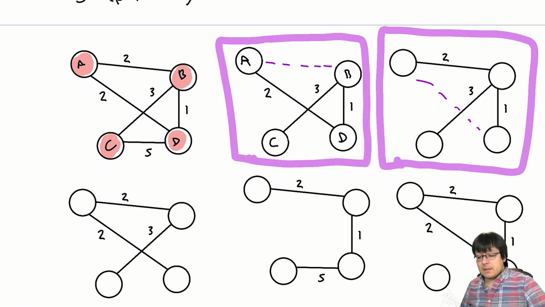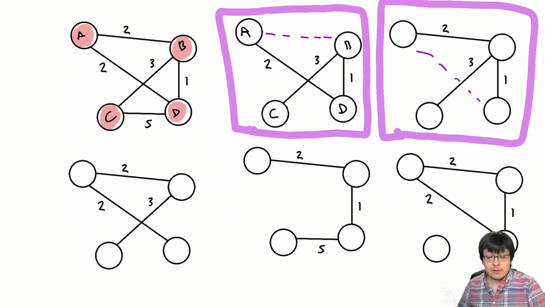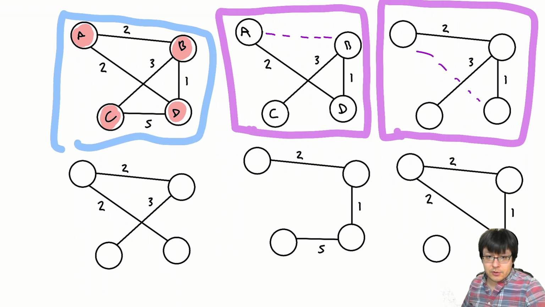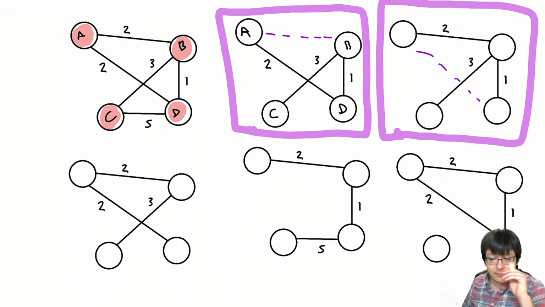So, what does that actually look like when it's not just a bunch of words put together? I want you to take a look at the graph that we have on the top left. This graph has 4 vertices and it has 5 edges, right?